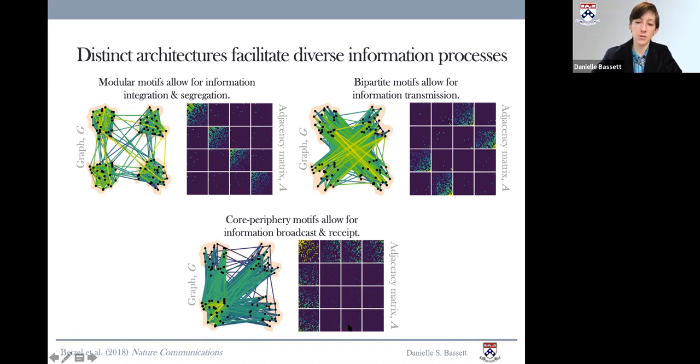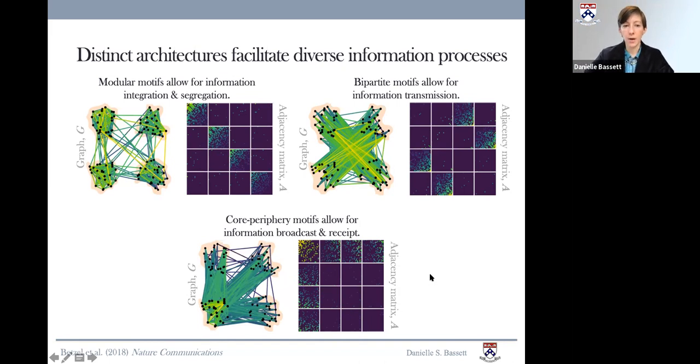And the adjacency matrix that would reflect this kind of organization is shown on the right-hand side, where you can see the core in the top left and its connectivity to the other modules along the top of the adjacency matrix and the side of the adjacency matrix. And then you can see the sparsity of connections among peripheral nodes in the dark blue lower right block of the adjacency matrix.